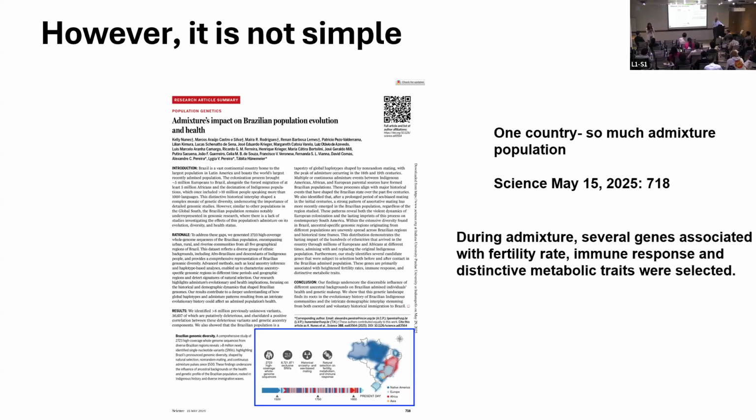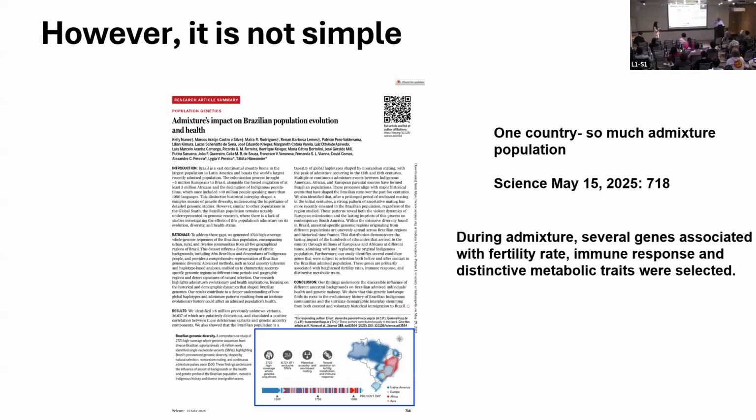I have the mic. I'm going to talk. Please, do it. And that's why I brought up this slide, which I didn't show before. And it is not going to be easy. The situation is not simple, because this is the paper which was mentioned this morning. We had it here, even in Brazil, one country, and look at the admixture population.